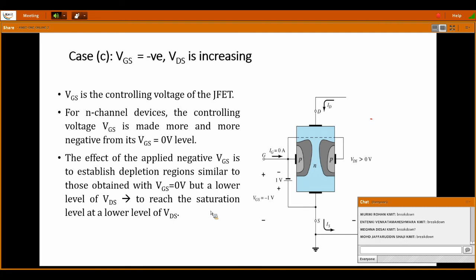And this is a very important FET operation for your exams also. If you have understood the concept, happily you can write your answers. Diagrams are also very simple. If anybody has a doubt, or if it is clear, then we will move on to the third case. Is it okay?